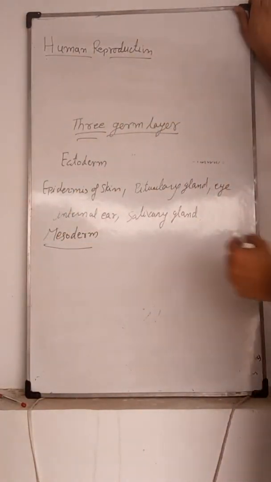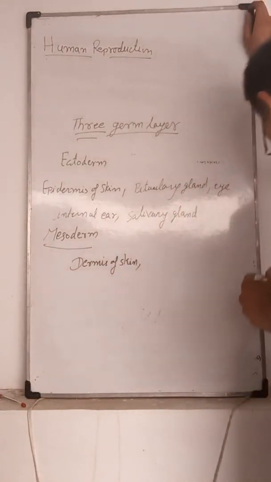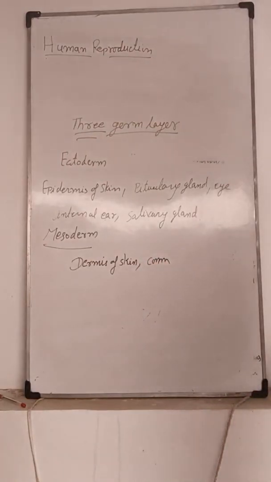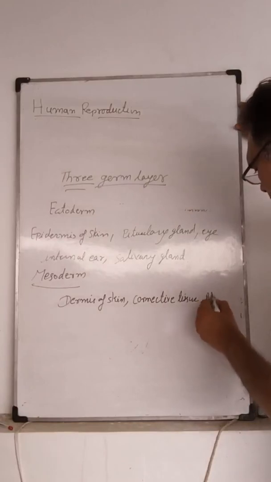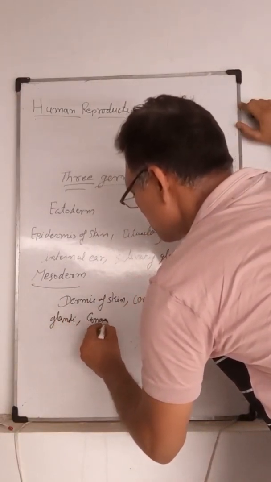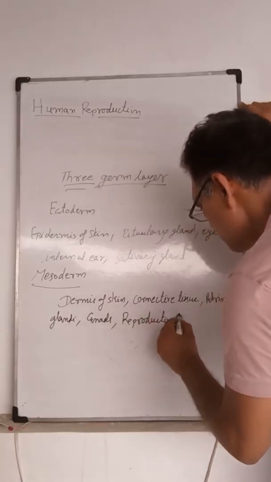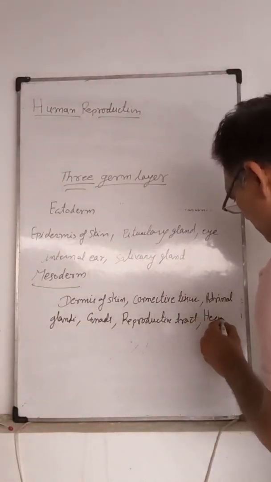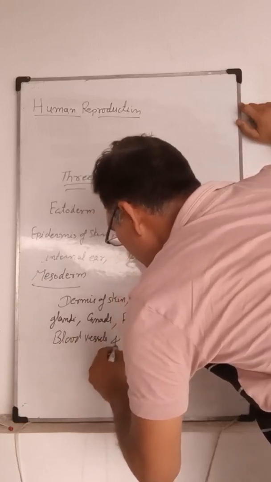And from the next layer, the mesoderm, different organs are formed: the dermis of the skin, connective tissue, adrenal glands, gonads, reproductive tracts, heart, blood vessels, and lymph vessels.